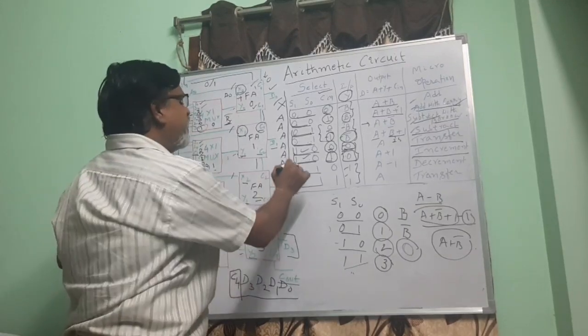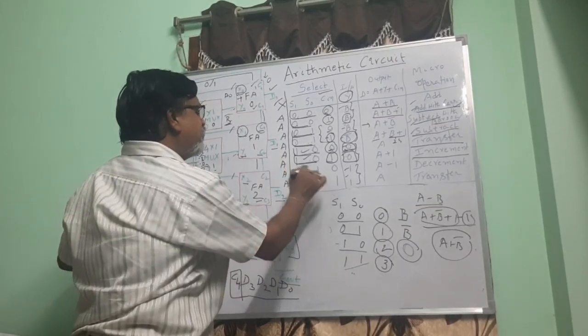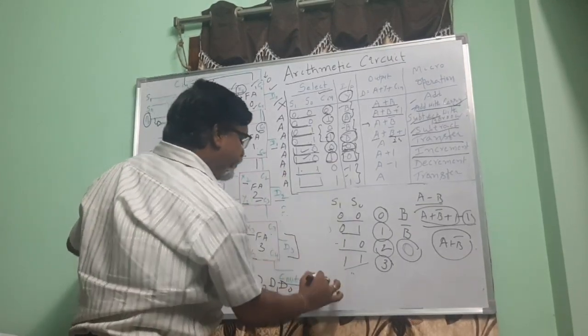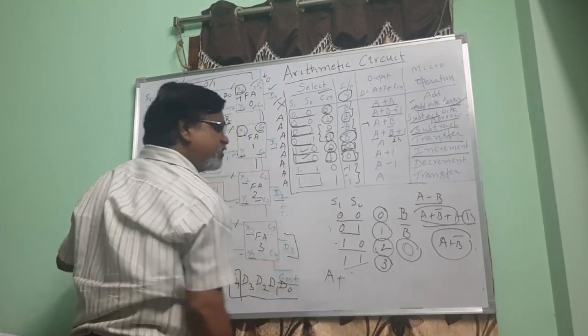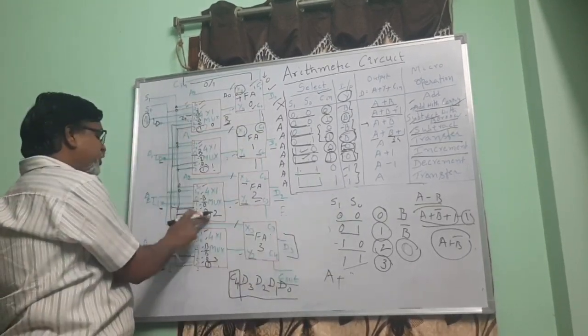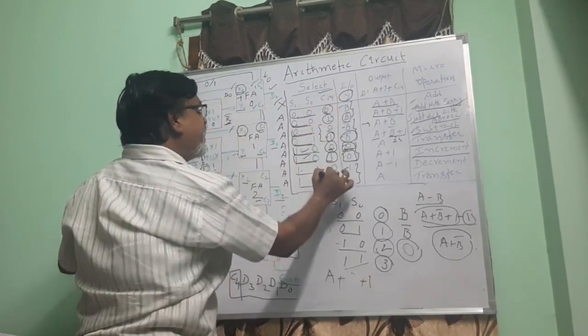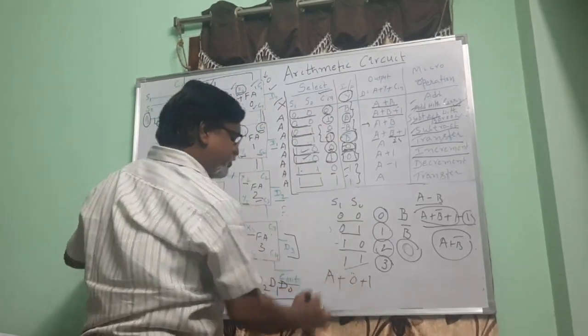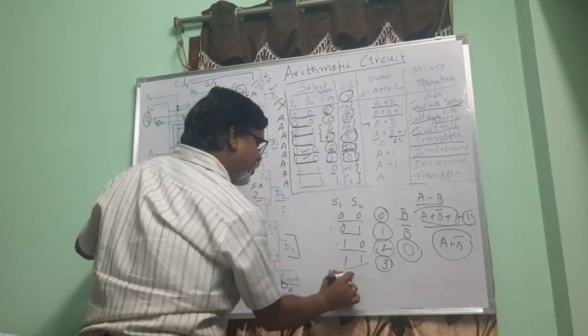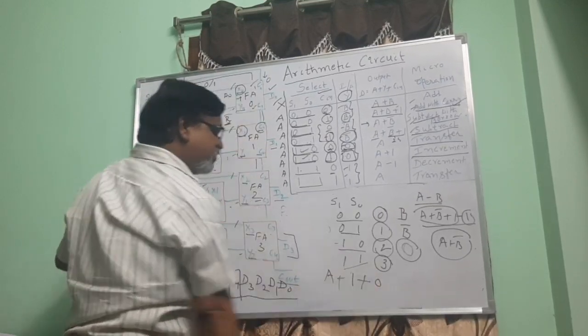So what will happen if it is 1, 1, 1, 1? One input is always A, and this input is 1 and our Cin is 0. So you can say A plus 1 plus our Cin, which is 0.